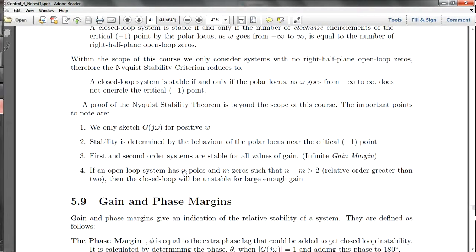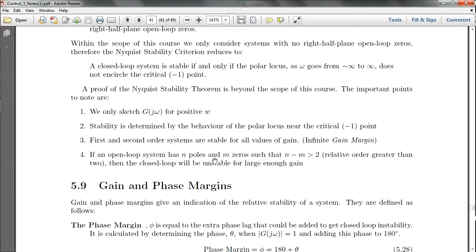So for an open loop system, it has n poles and n zeros. If the number of poles is more than the number of zeros by the order of 2, then the closed loop will be unstable. So if the poles are a lot more than zeros, the system is not stable for large enough gain.